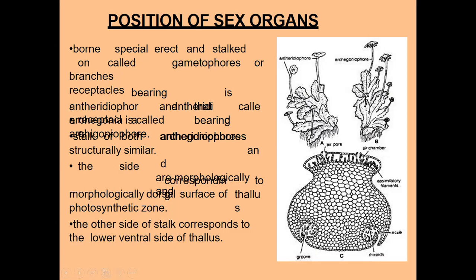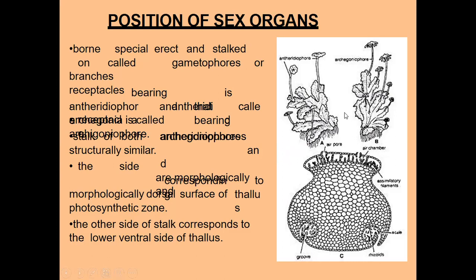Remember this: Marchantia consists of stalked reproductive organs, and these stalks, or receptacles, if carrying the antheridia, are referred to as antheridiophore. And if the receptacle is carrying the archegonia, we call it archegoniophore. These are the important points.